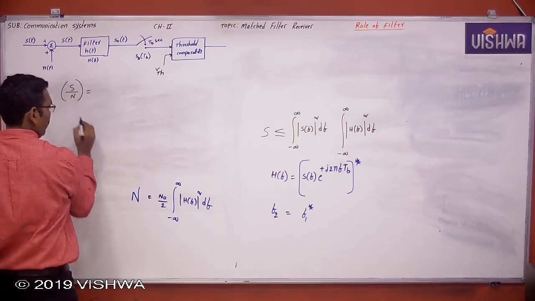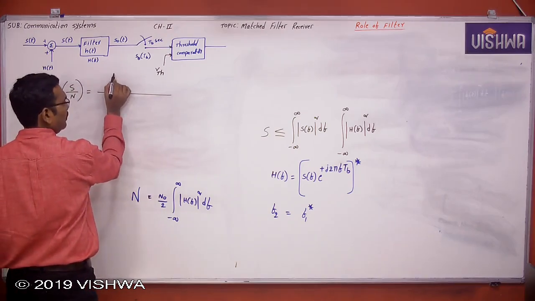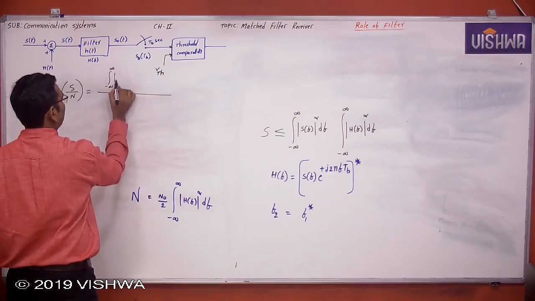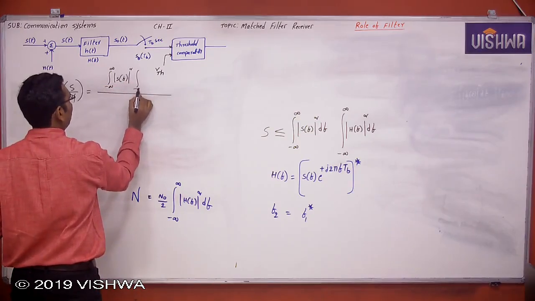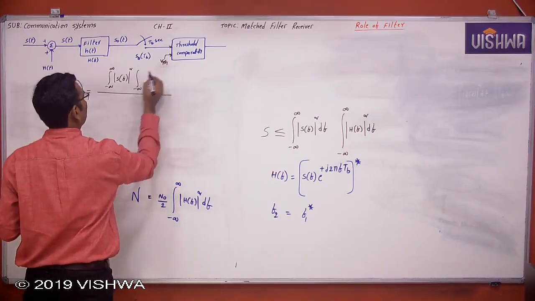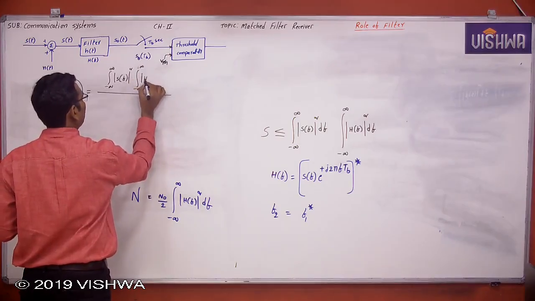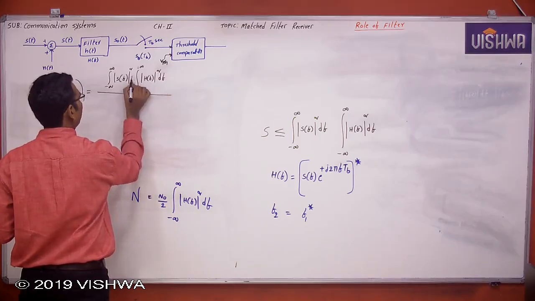Now this signal to noise ratio is the integral from minus infinity to infinity of |S(f)|² df, divided by |H(f)|² df.